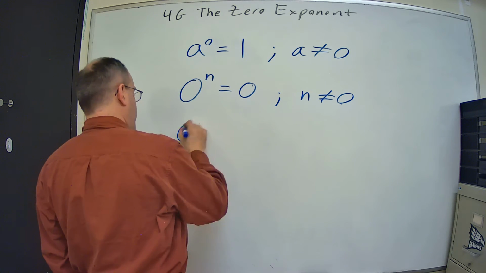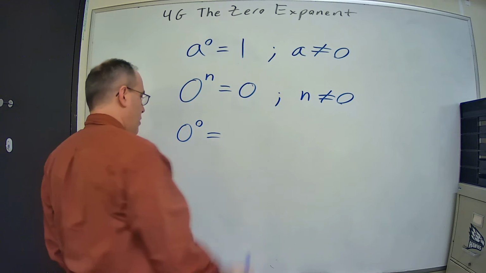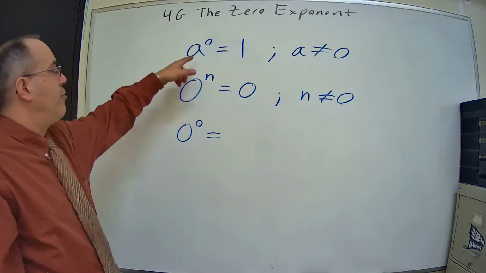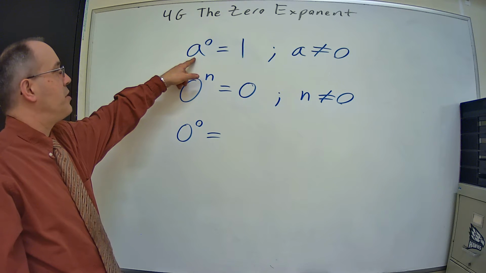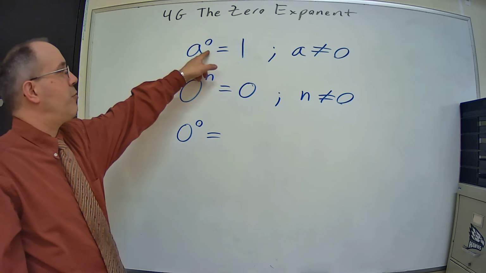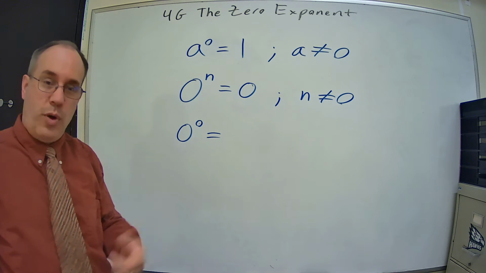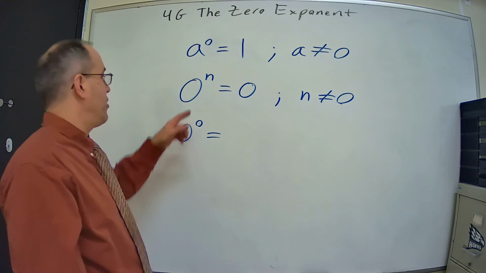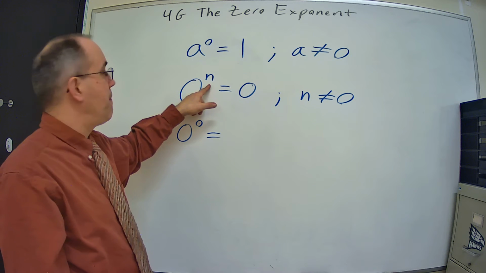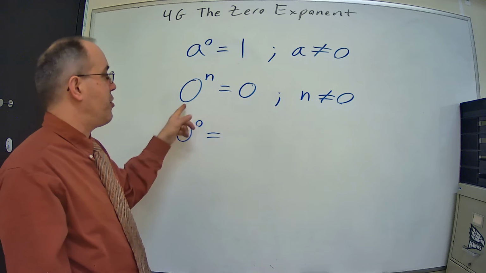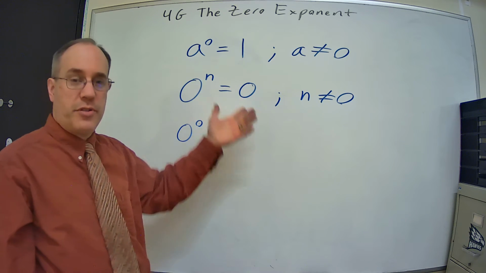Well, what if I have 0 to the 0th power? If we allowed a to be equal to 0, then 0 to the 0th power would be equal to 1, because any number raised to the 0th power is 1. If we allowed n to be equal to 0, we'd have 0 to the 0th power is equal to 0, because 0 raised to any power is 0.